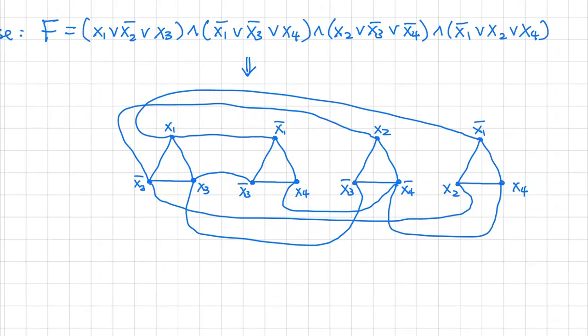Okay. Now let's try to find the maximum independent set. From the first triangle, which one can you select? Any? So which one do you pick? X1. X1, sure. From the second triangle? Not x3 or x4. Which one do you want to pick? Just pick one. It doesn't matter. X4, sure.